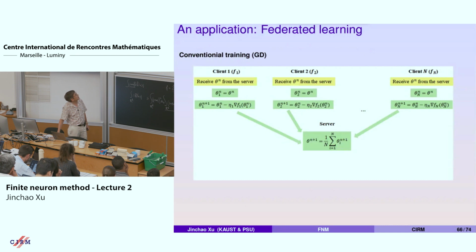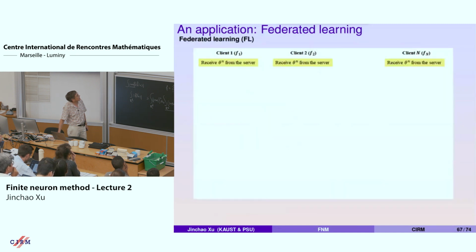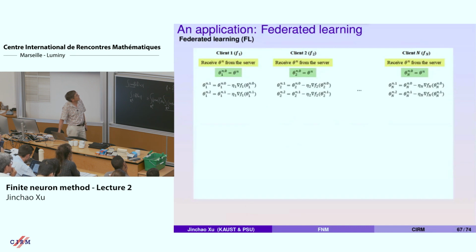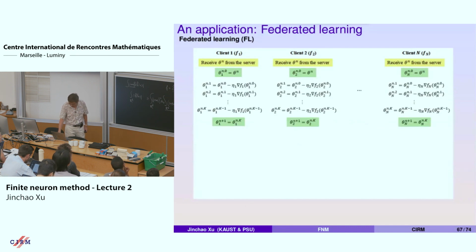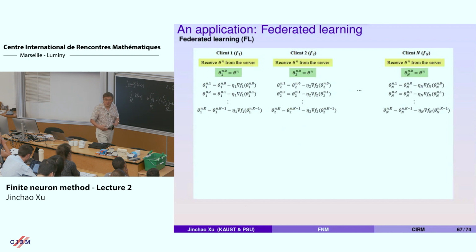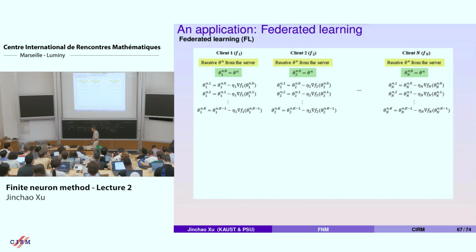Now, this is just the gradient descent method. What is federated learning? Federated learning says, before you do the communication, what if you do more training? It's like in subspace correction, where we solve the subdomain problem more accurately. But this data, if you think about it, is the summation of the whole thing, a loss function.